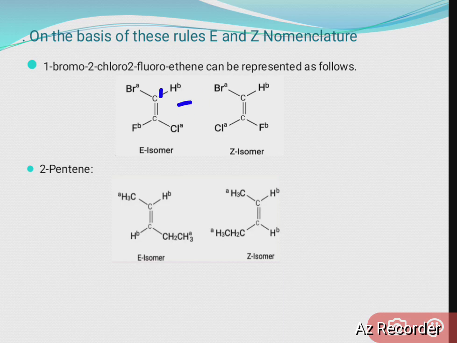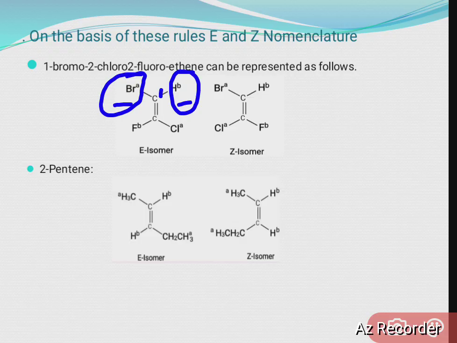One is hydrogen, the other one is bromine. Depending upon this, which one has the highest atomic number? Bromine has the higher atomic number compared to hydrogen. Hence, bromine gets the first priority, A, and hydrogen gets the least priority, represented as B.